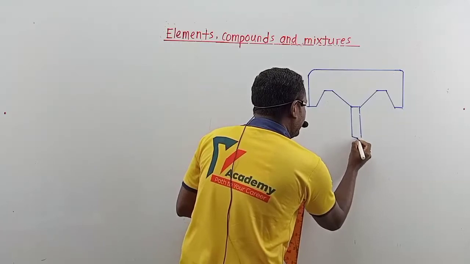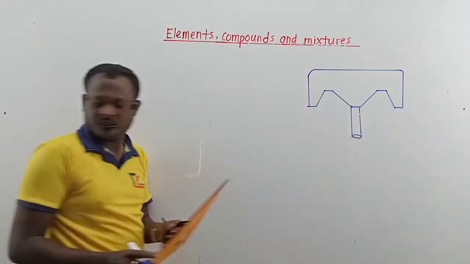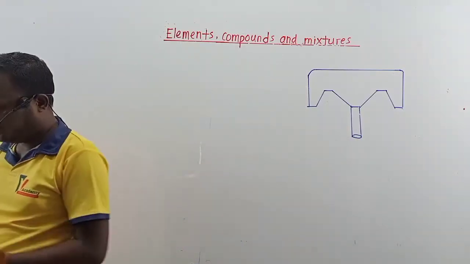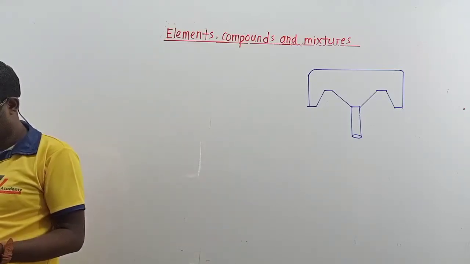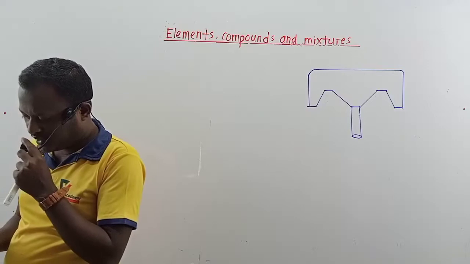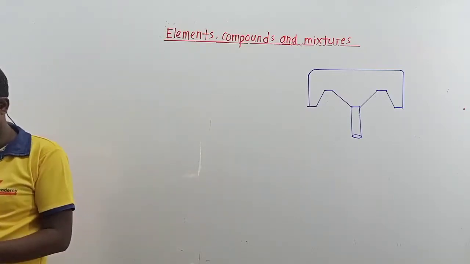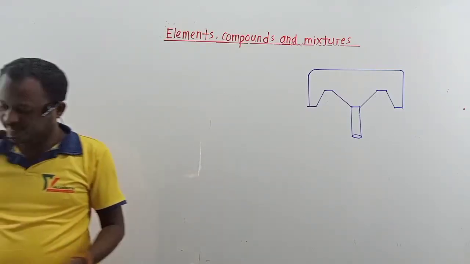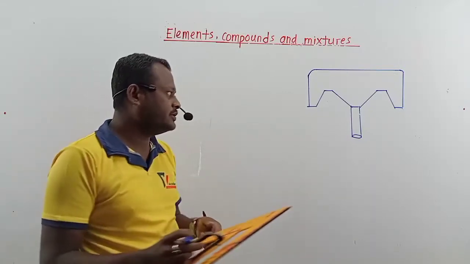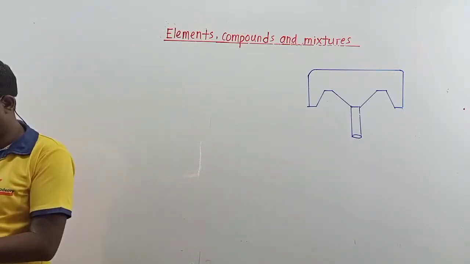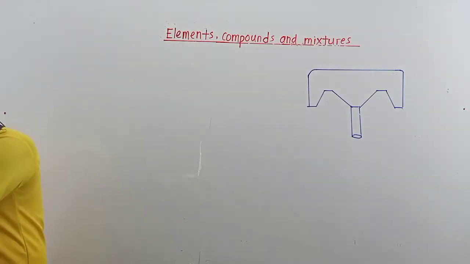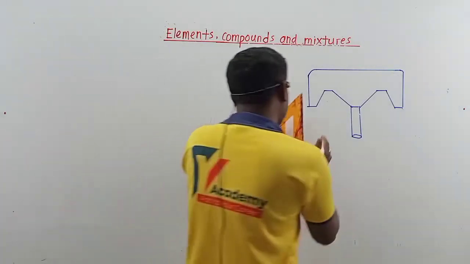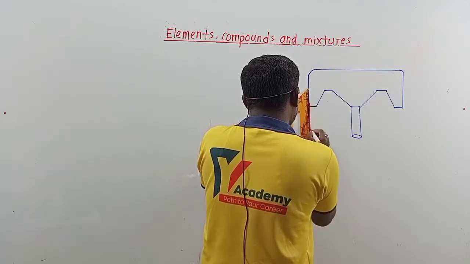There are two types of centrifuge. This is the diagram of a centrifuge, and here there are test tubes.